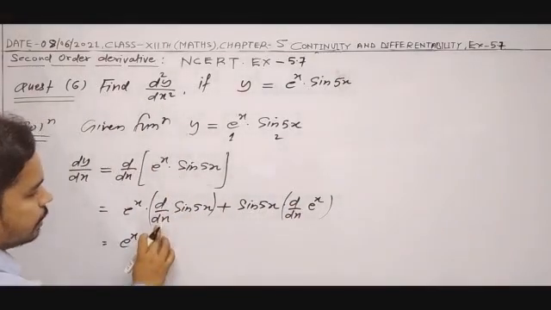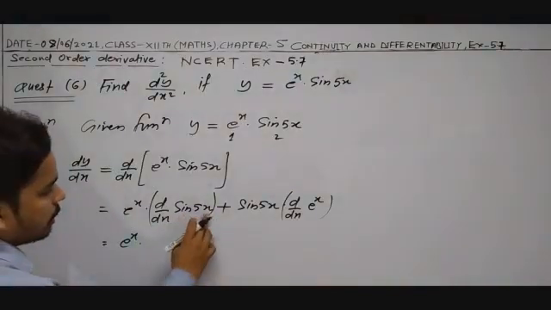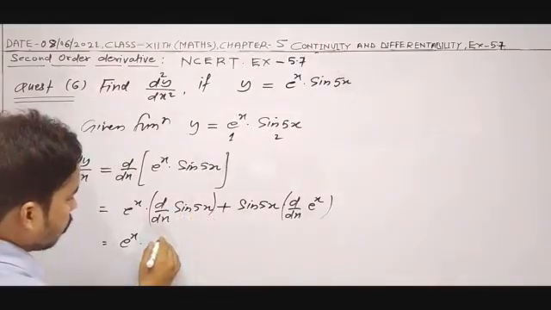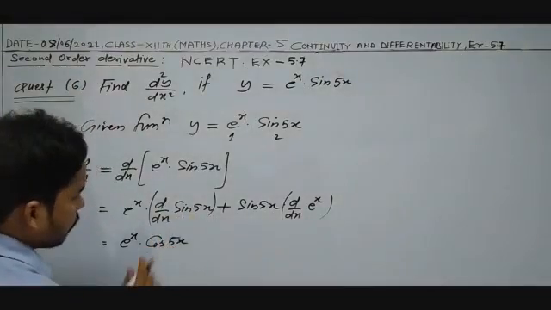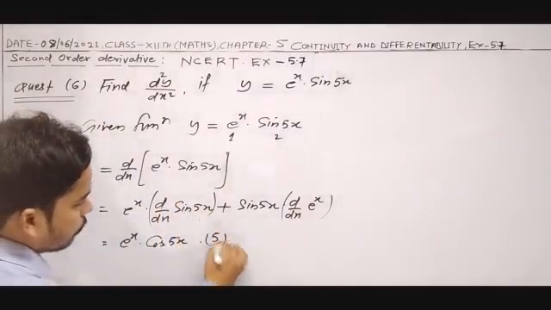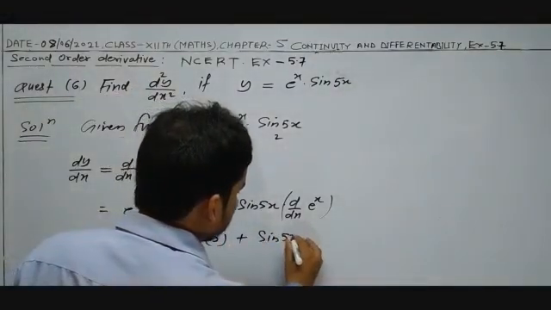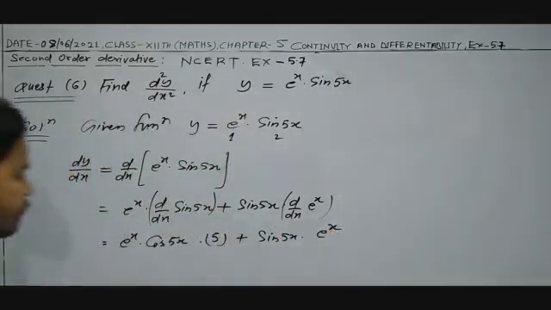e to the power x into the derivative of sine 5x. Sine differentiation you know is cos, so the result is cos of 5x into 5, since the derivative of 5x is 5, plus sine 5x into the derivative of e to the power x, which is the same.